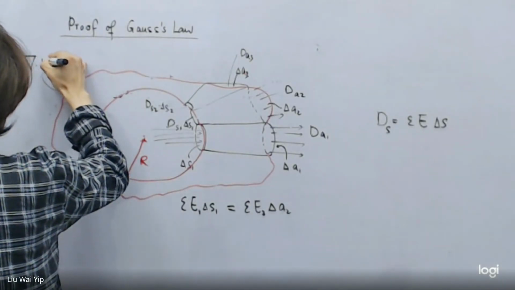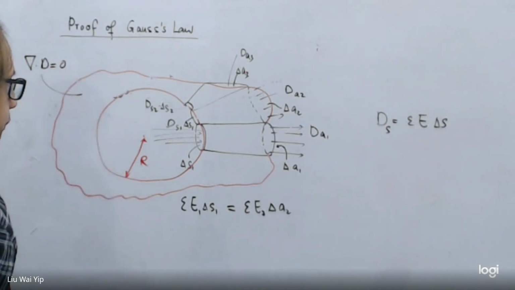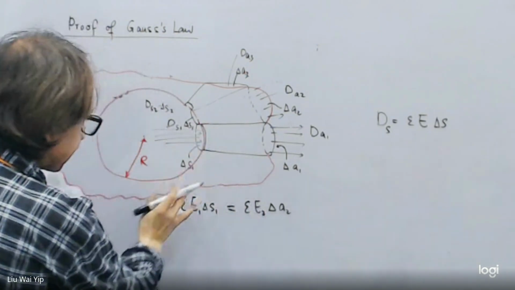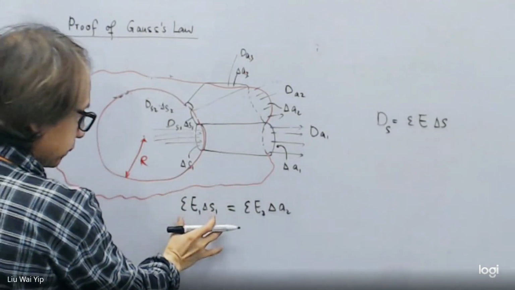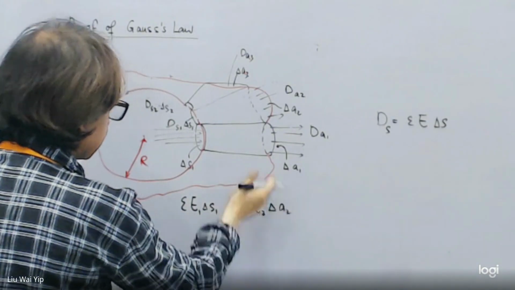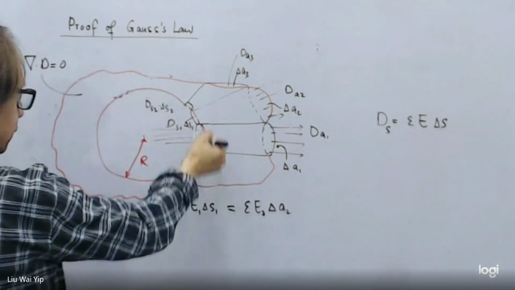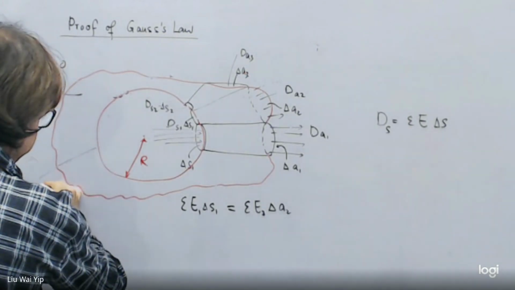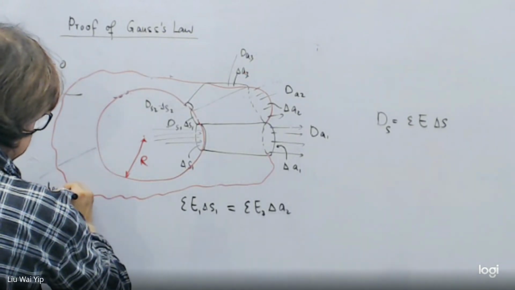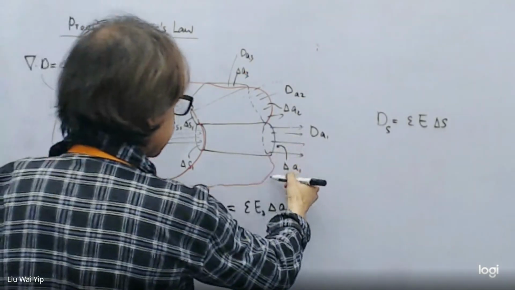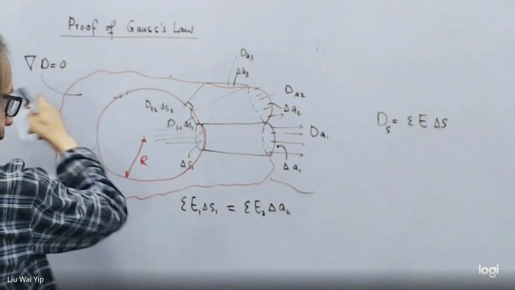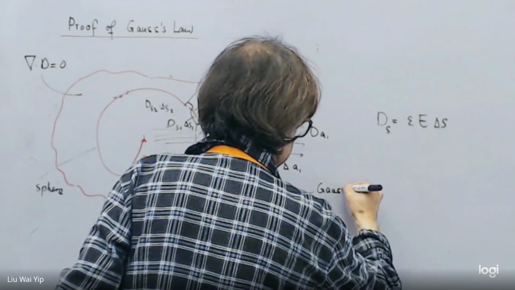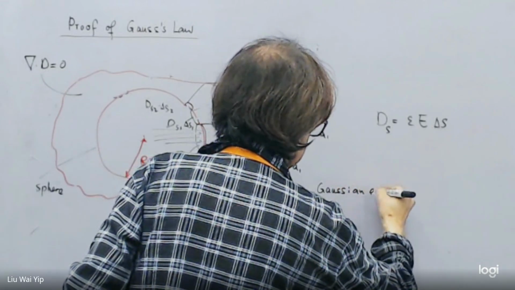So we are now dealing with the condition divergence of D is 0. So literally, you can even extend the same equality to all other portions of the same sphere. This is the perfect sphere, and this irregular shape here is the Gaussian enclosure.